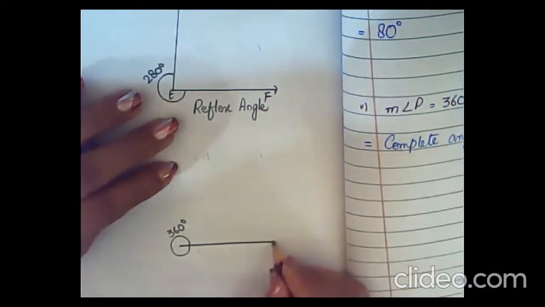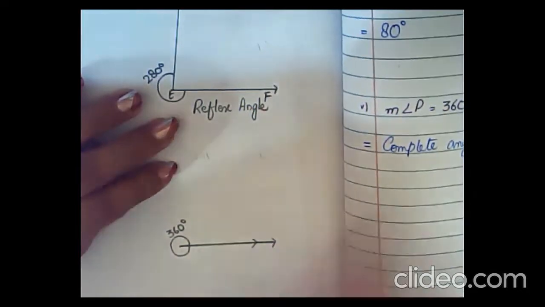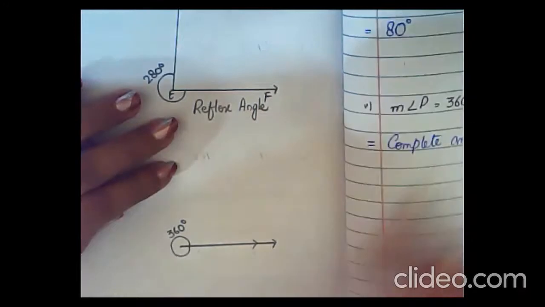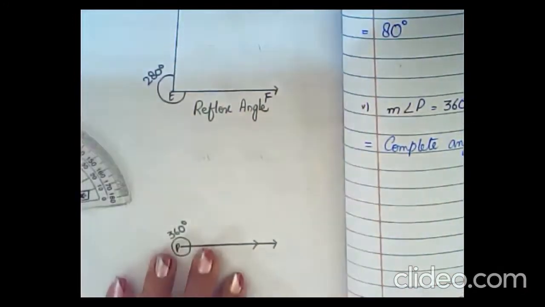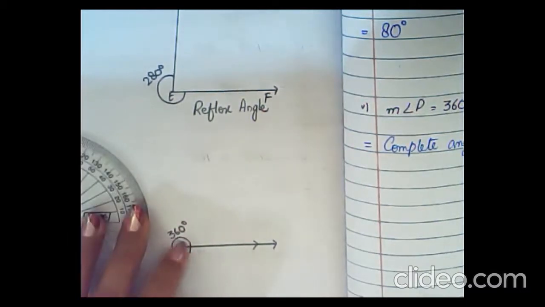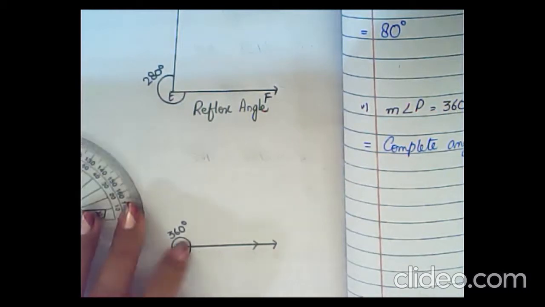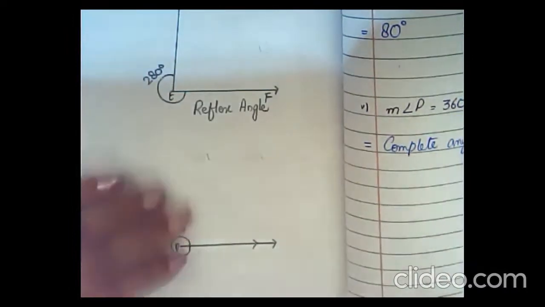And two arrows on this side, on the right side, this one and this one. Since you have only angle P, so P will be written here. Clear? Is it clear? Yes. Now this is the way to draw the angle of 360 degree, right?